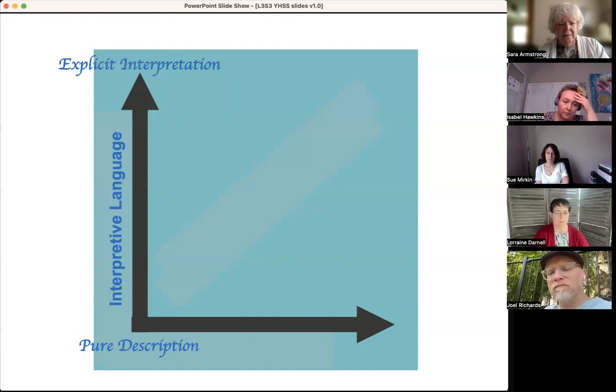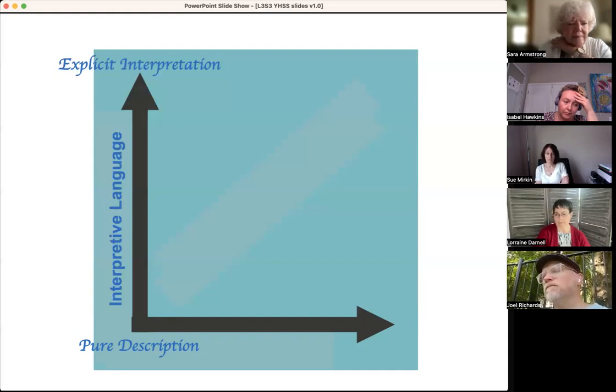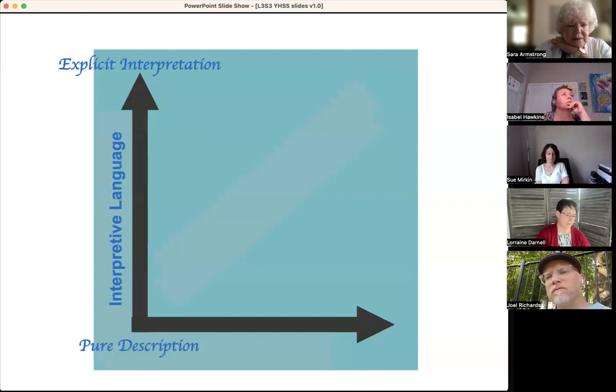If you go lower, you're getting more pure description. So if you choose a place anywhere in the square, it's going to have one level of interpretation and another level of explicit or implicit interpretation or pure description.